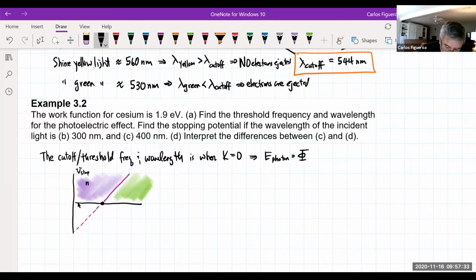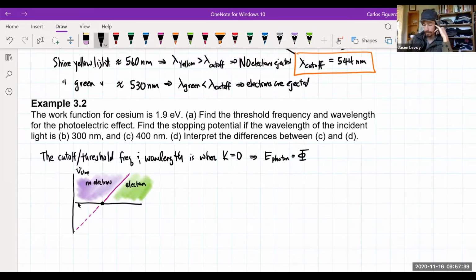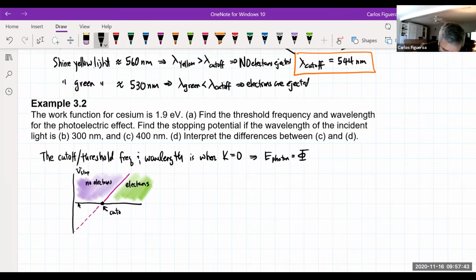So I get no ejected electrons, and then here I get electrons. In other words, that's the cutoff. And what do I mean by the cutoff? I mean this expression right here.